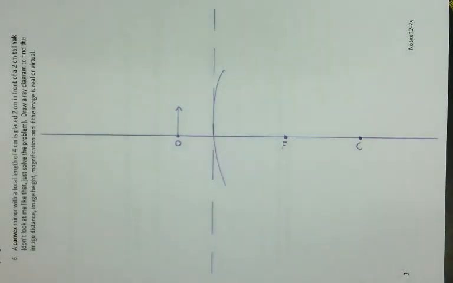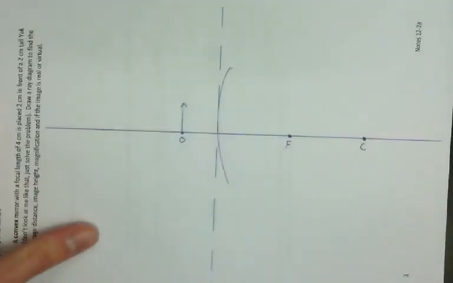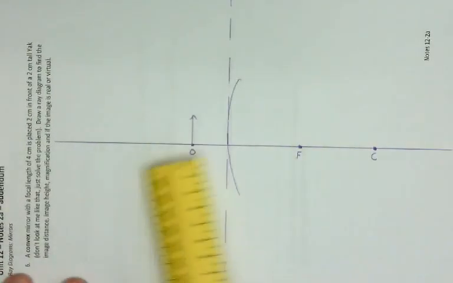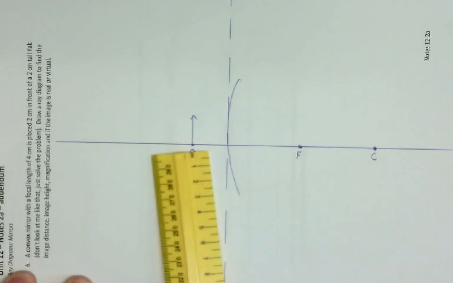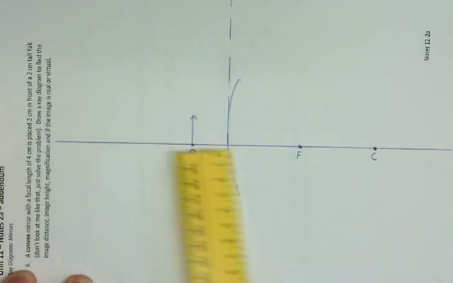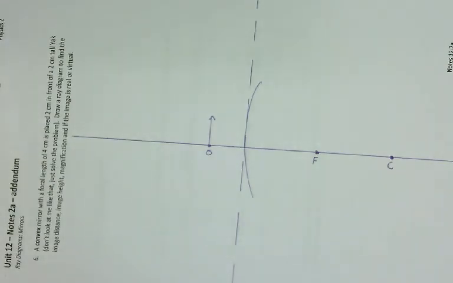Okay, so the 3 lines we're going to draw are the exact same 3 lines. One line goes straight and then through F. Another goes through F and then goes straight. And then a line that goes straight through C. Here's where this gets tricky, though.